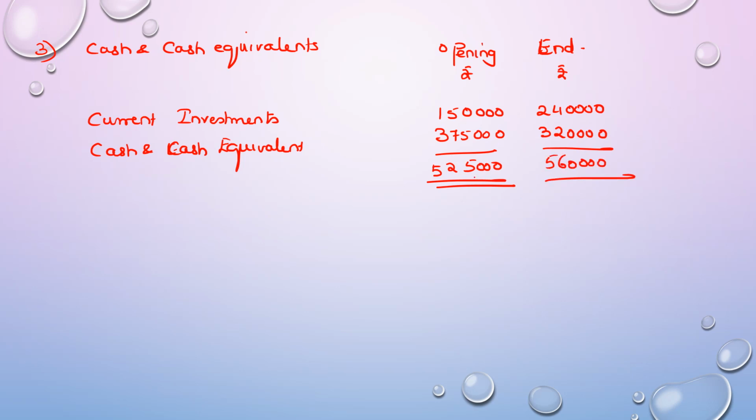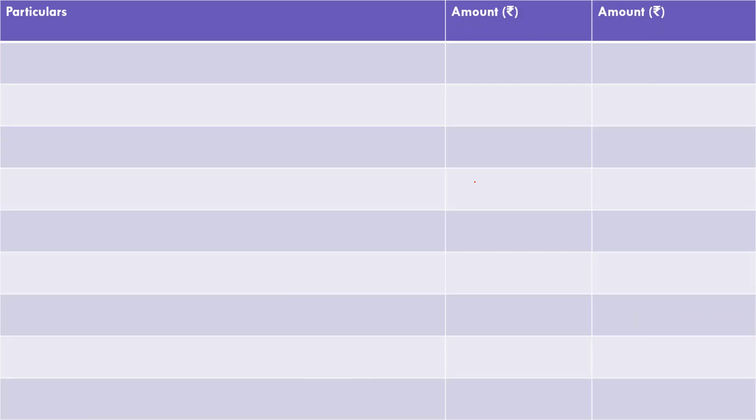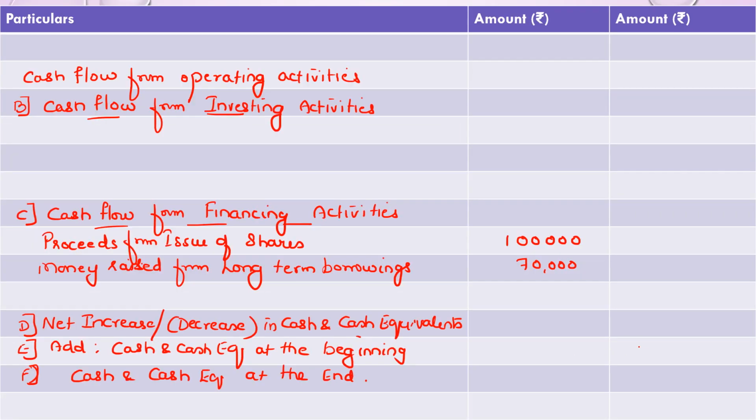Now remember this would be written in the cash flow statement. So in the cash flow statement at the beginning was 5,25,000 and the closing was 5,60,000. So if you watch these two, it means the cash equivalent has increased by 35,000. So there should be a net increase of 35,000.